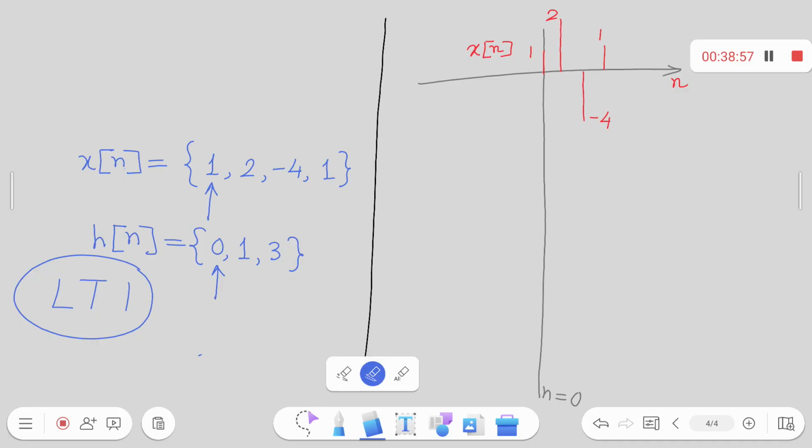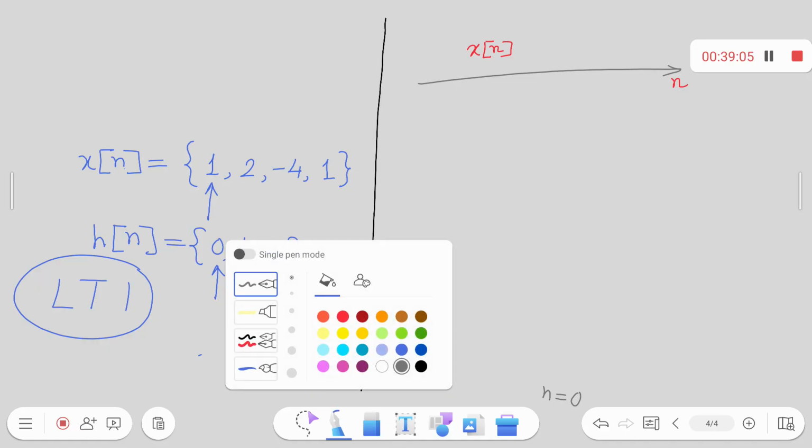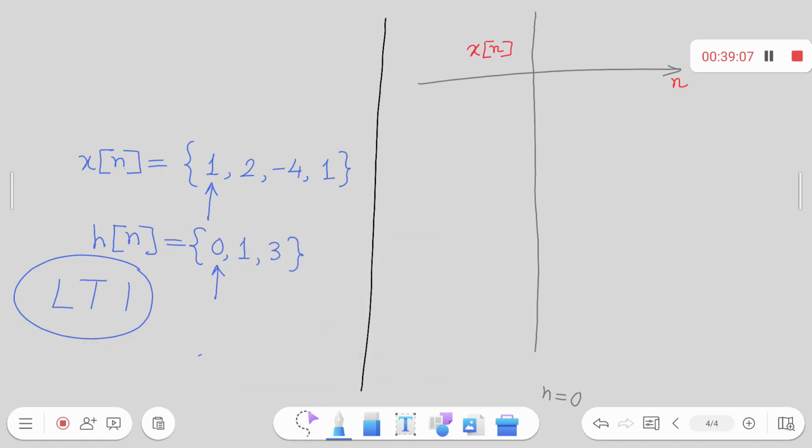Better if I reduce this height. Otherwise, very difficult for me.